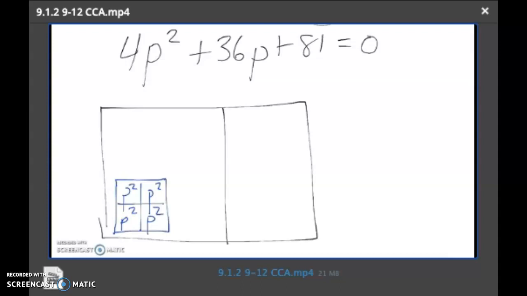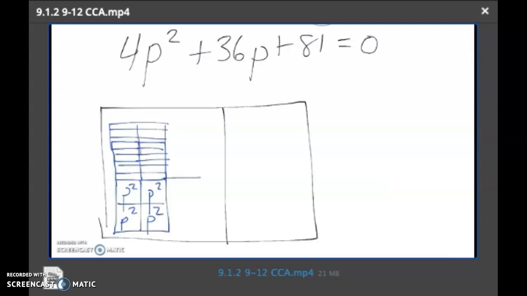So if I divide them in half to put half above, half to the side, that means that I'm going to have 18 on top and 18 off to the side, but I have to account because I have 2 of these p squared here, so I'm going to put 9 of them here and 9 of them here. I think that's 9.